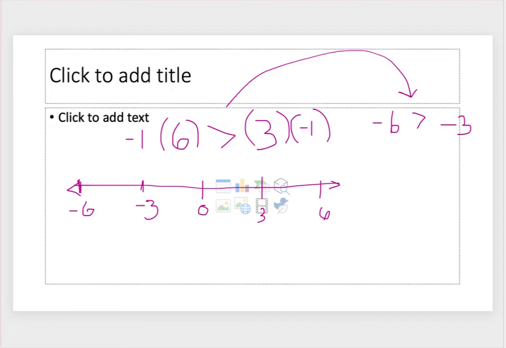It's farther to the left, isn't it? So negative 6 is not greater than. Negative 6, where's our little eraser? Negative 6 is less than negative 3 because it is further to the left than negative 3 on the number line. So I just wanted to show you an example of why we always must flip the sign when we multiply or divide by a negative.